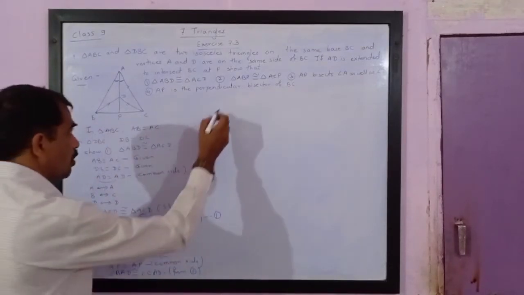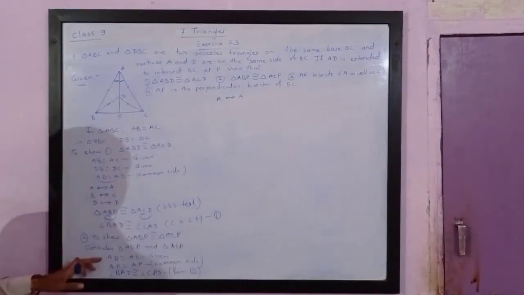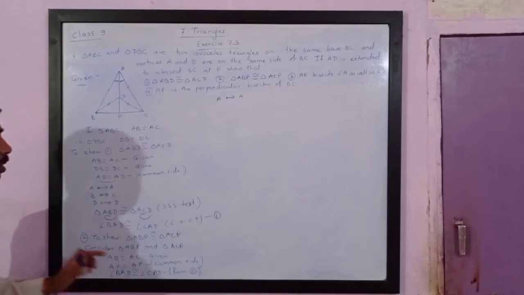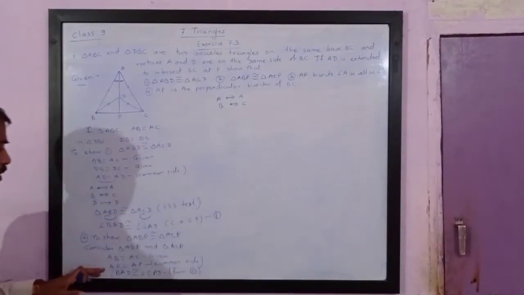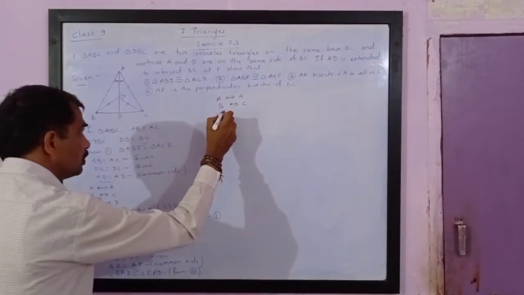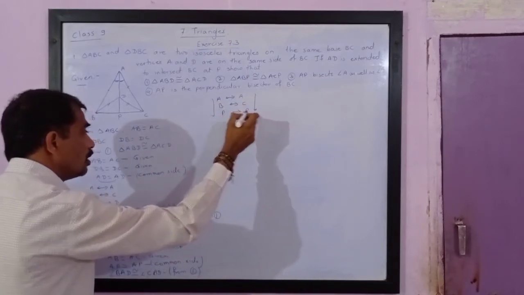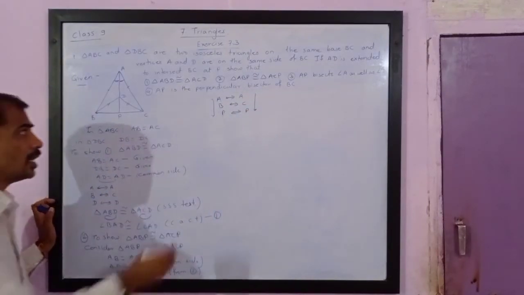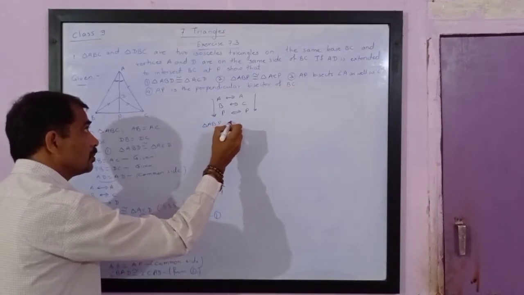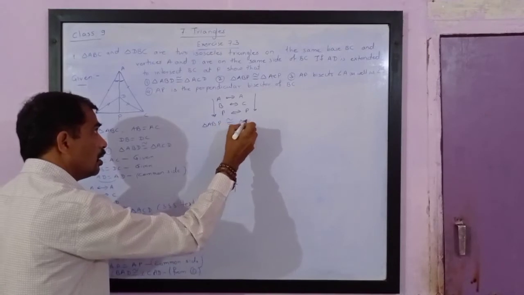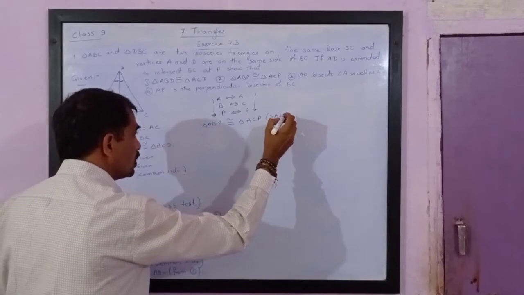So, we will write A corresponds to A. Now, if A corresponds to A, it means B corresponds to C. So, P will correspond to P. Now, if you write the vertices in the same sequence, we will get triangle ABP is congruent to triangle ACP by SAS test of congruency.